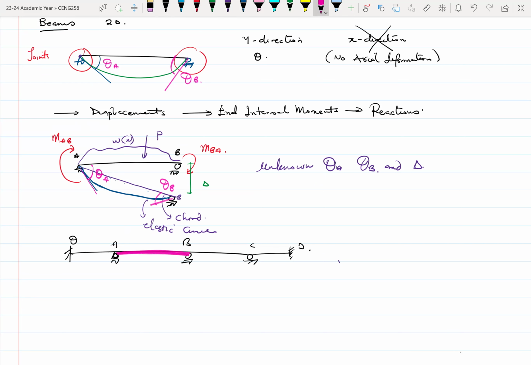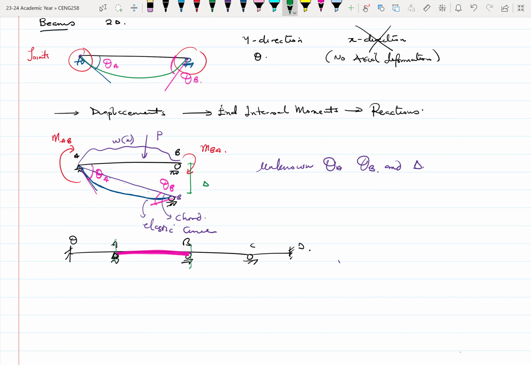Anytime you cut your beam at these points, you introduce unknown moments, unknown support reactions, unknown X and Y, and stuff like that.